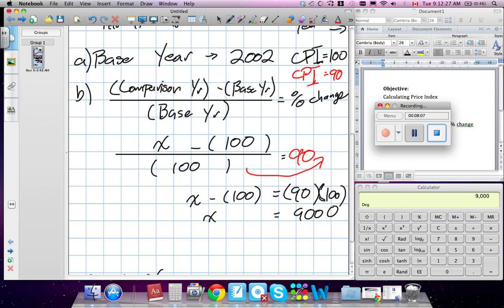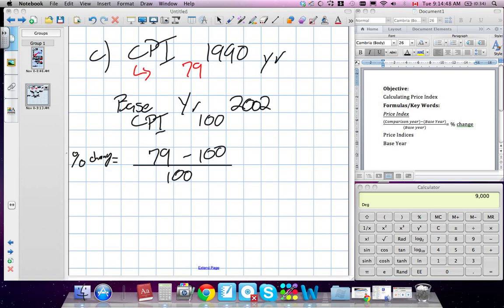So, our CPI in year 1990 is 79. Our base year is year 2002, and it's 100. So according to our formula, to find the percentage change, we take our comparison year, the price index in that year, which is 79. We subtract the base year, and then divide by our base year.